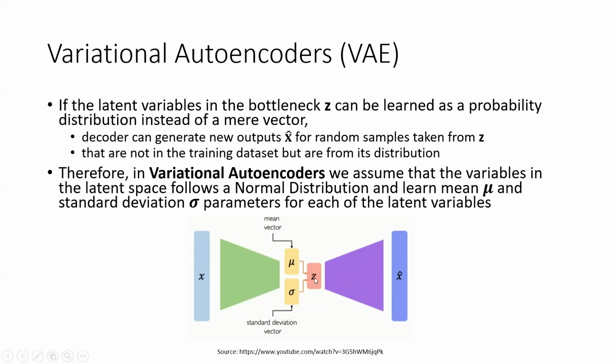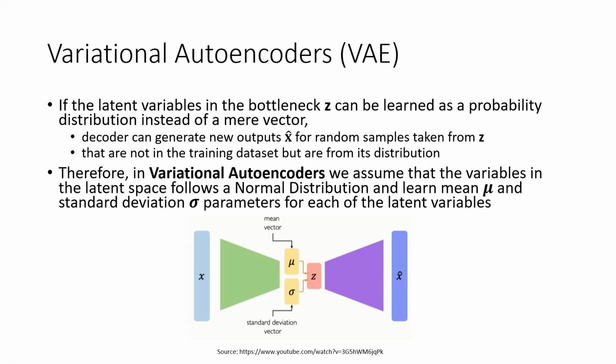So what I say is that if you want to compress this X vector as much as possible, you can mathematically prove that when you are trying to keep all the information and compress it as much as possible into this Z vector, each of the variables in this Z vector would follow a normal distribution, right?